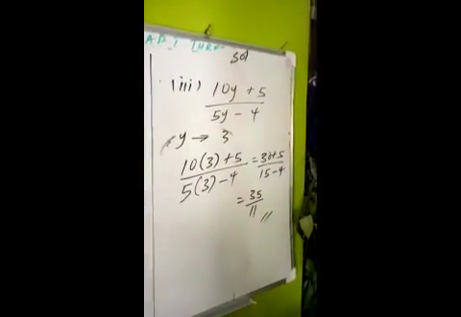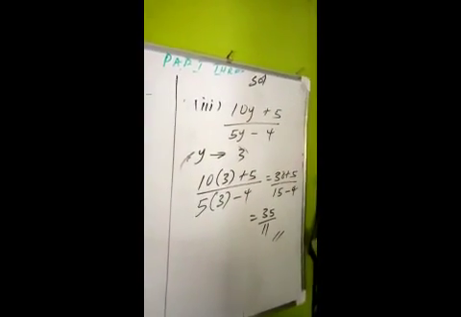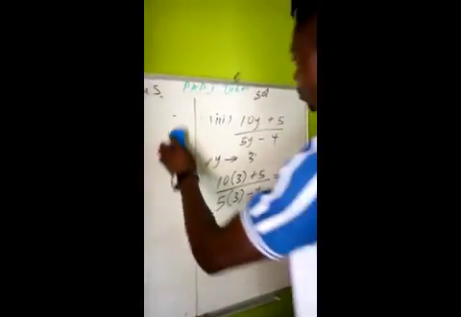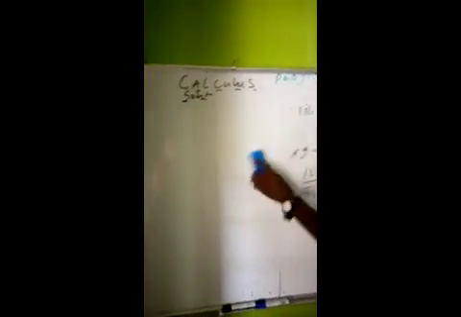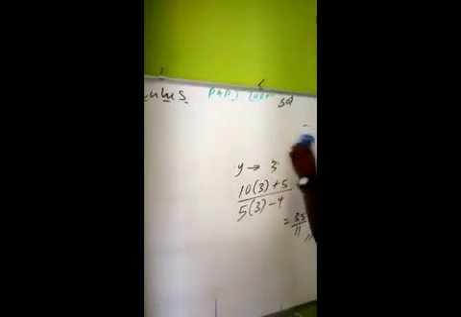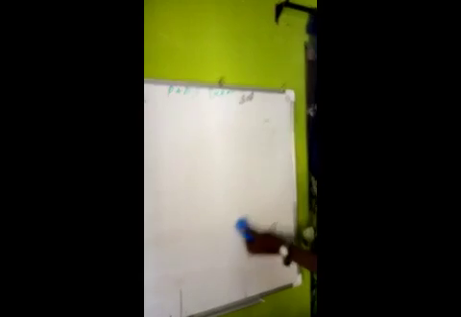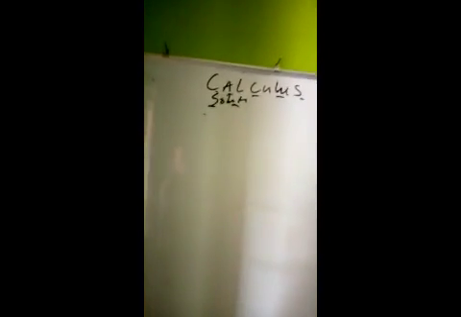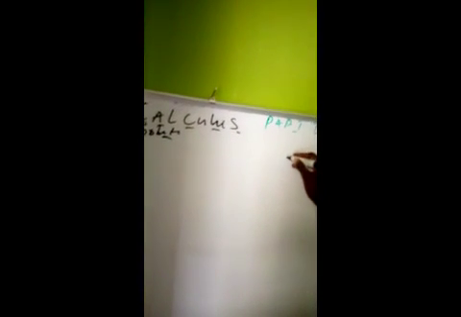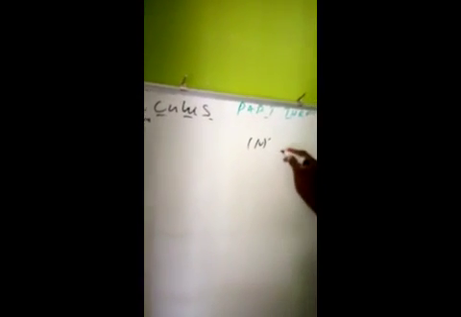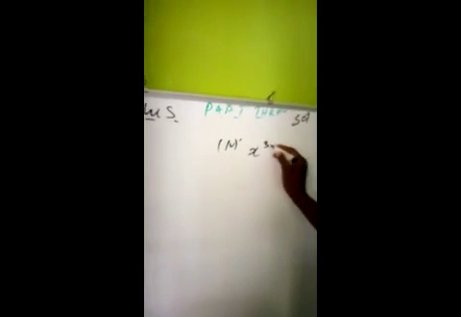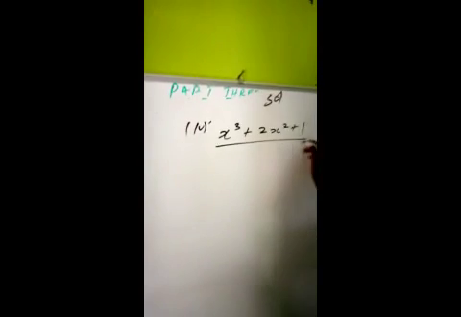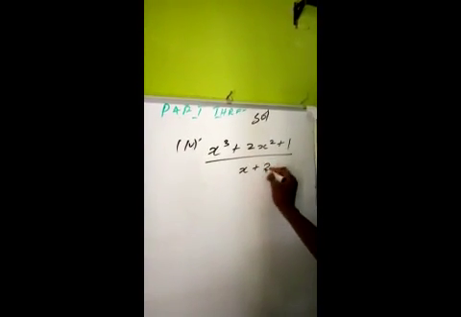Then the next one is example number 4. From this point, we have x tends to 2 of (s raised to power 3 plus 2s squared plus 1) divided by (s plus 2).